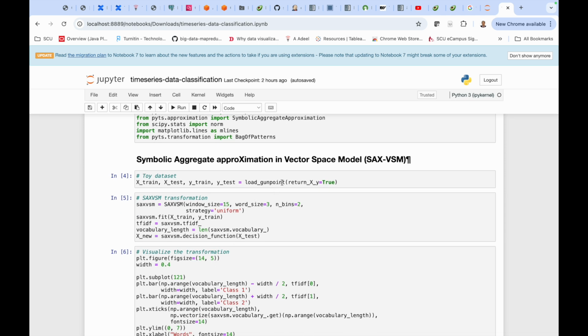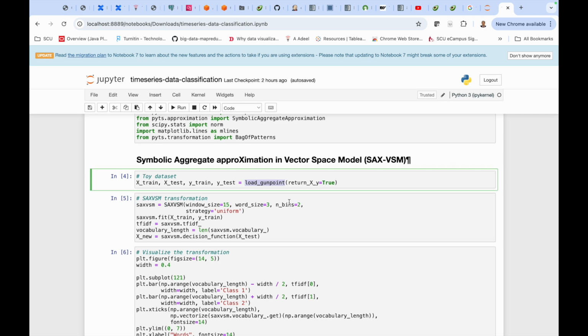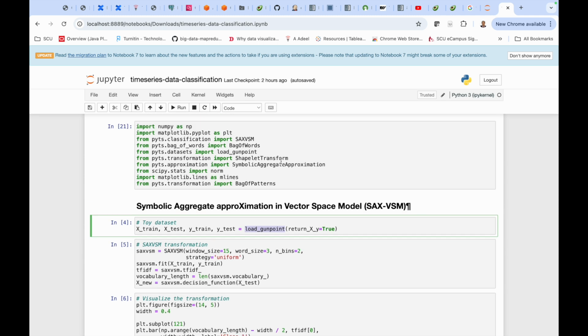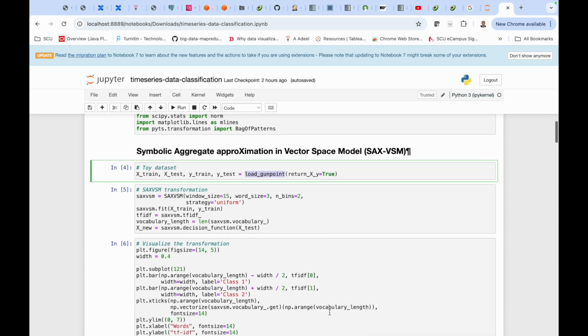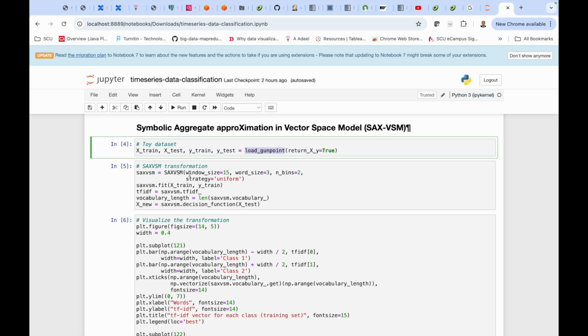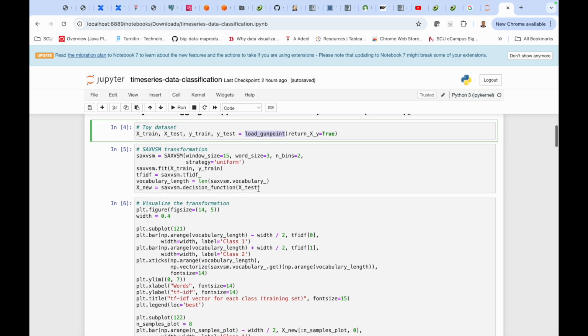So this is an example data set that we can use. It's a toy gunpoint data set from a built-in Python package. Then I used the SAX-VSM transformation using window size, word size, and number of bins, where we basically divide the whole time series into subsequences using a sliding window and discretization, and then assign a bag of words to that.